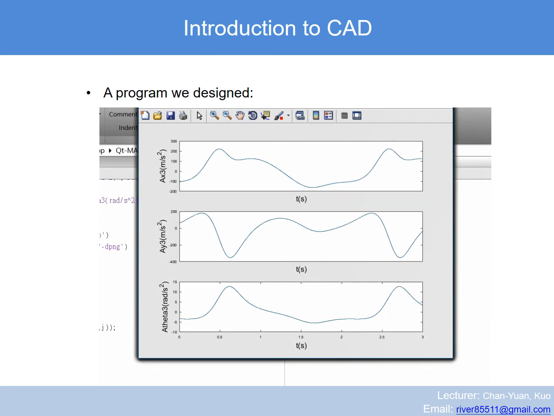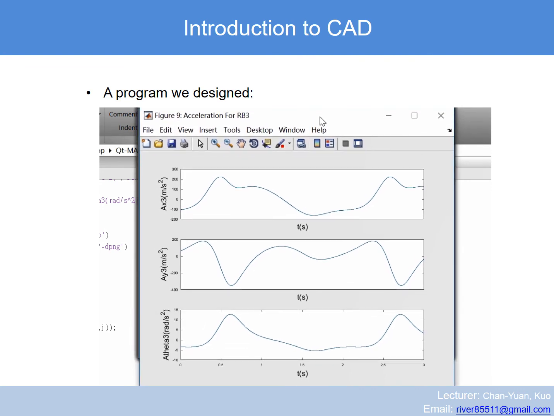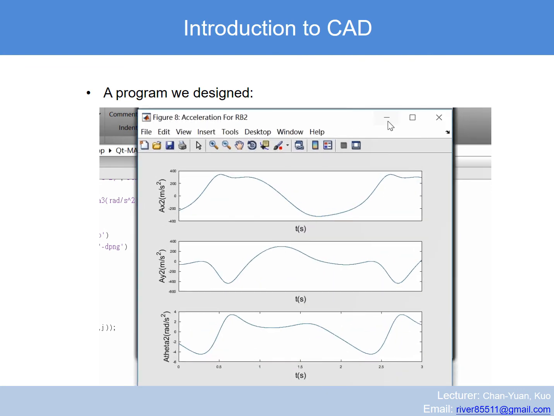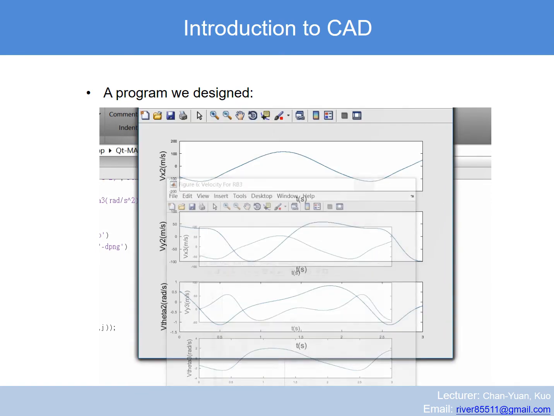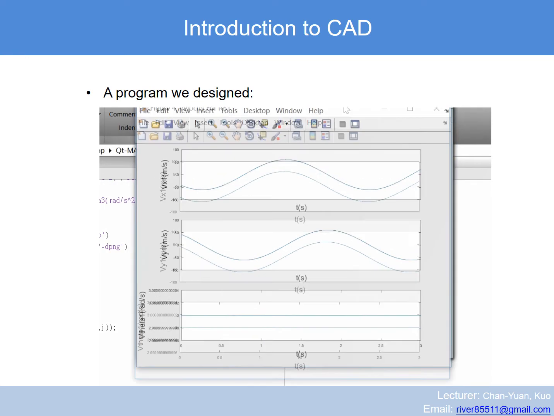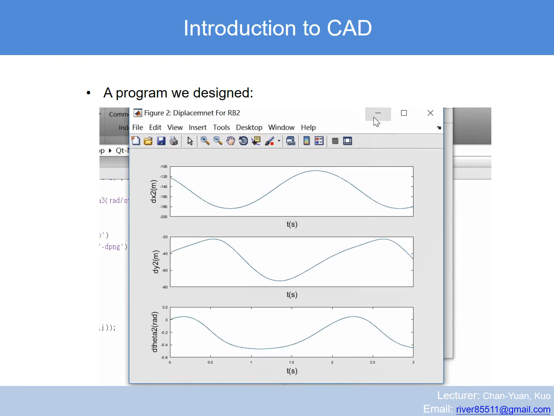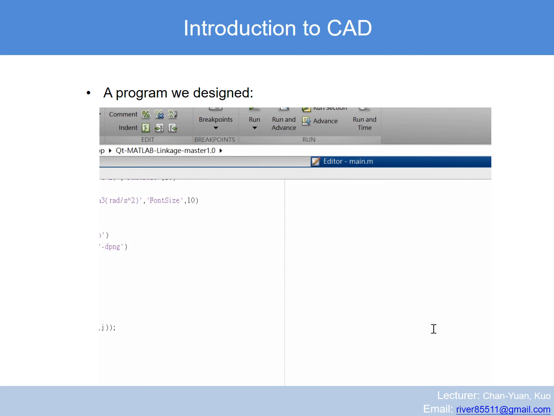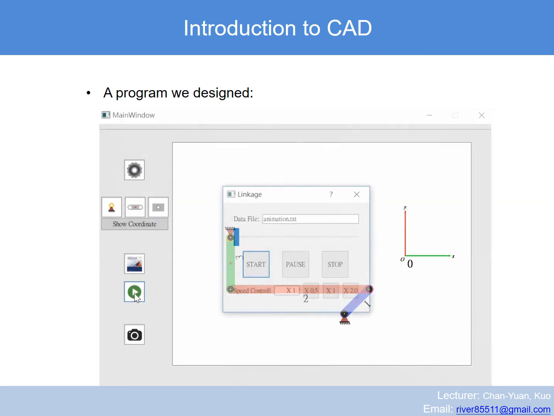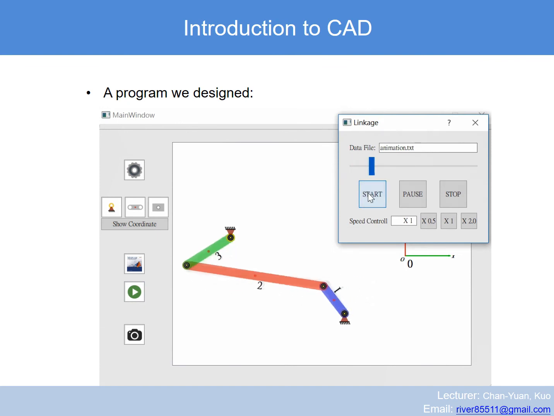These graphs shown here are the displacement, velocity, and acceleration of each rigid body at each step within the time interval. And all these results will be automatically saved into your computer in case for further study. What's more, it is even possible to view the simulation result through animation, just like this.